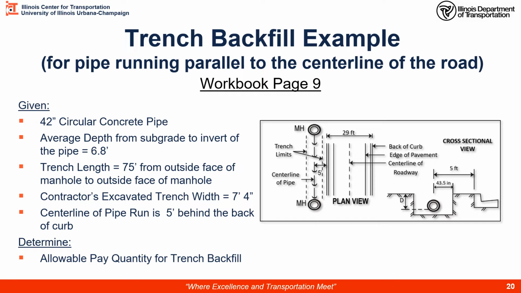From manhole face to manhole face, our run is 75 feet. We know how wide the contractor dug his trench, 7 feet 4 inches. And the center line of the pipe is 5 feet behind the back of the curb. So we're to determine the allowable pay quantity for trench backfill.